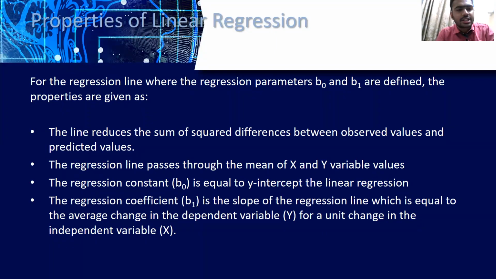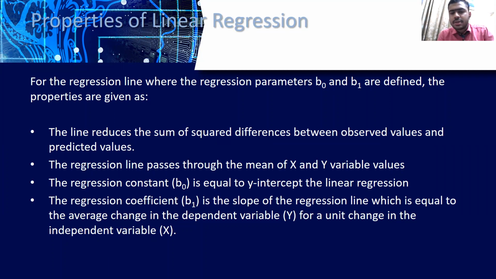properties of linear regression. The properties of linear regression for the parameters b0 and b1 are as follows. The line reduces the sum of squares difference between observed values and predicted values. The regression line passes through the mean of the x and y variable values.